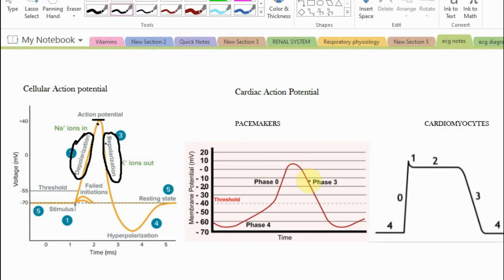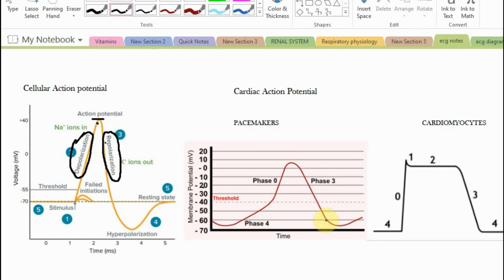As potassium moves out of the cell, it loses its high potential difference or membrane voltage, and slowly it decreases until it's hyperpolarized, and again phase 4 continues. So this is what occurs in a pacemaker cell membrane.